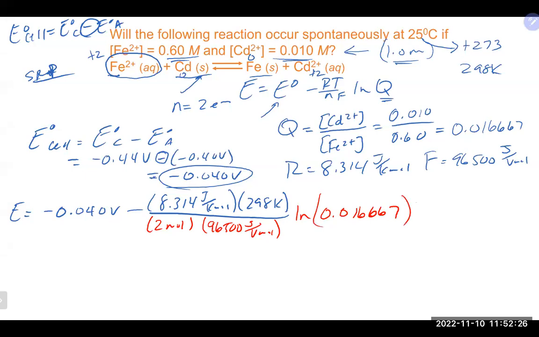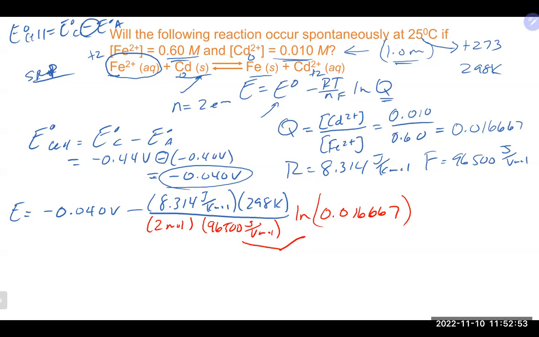All right, so I'm just going to clean up this part of it here. So I'm going to do natural log of 0.166667. I'm then going to times it by 8.314, times it by 298, divided by 2, and divided by 96,500.